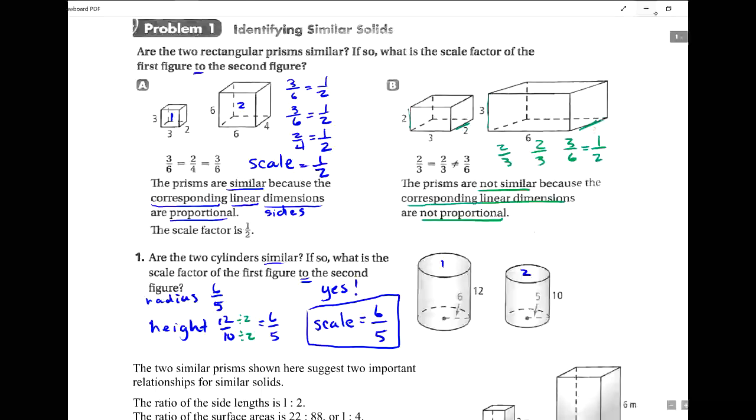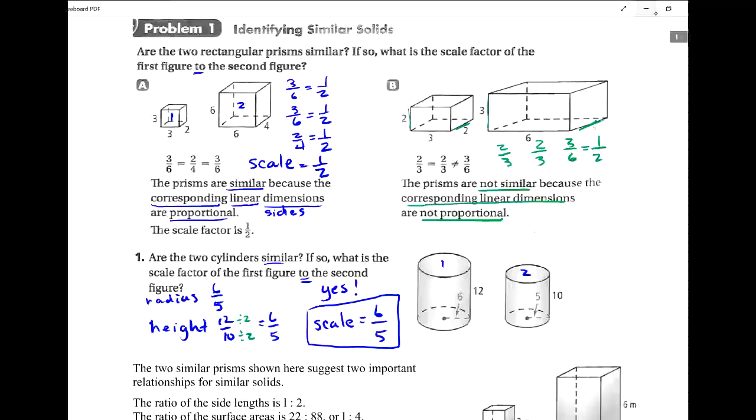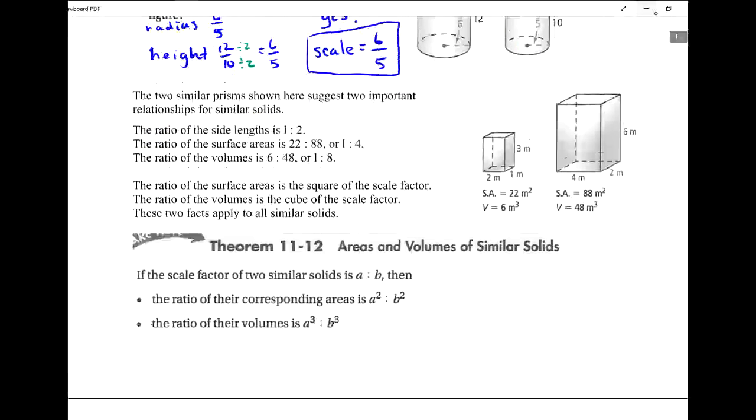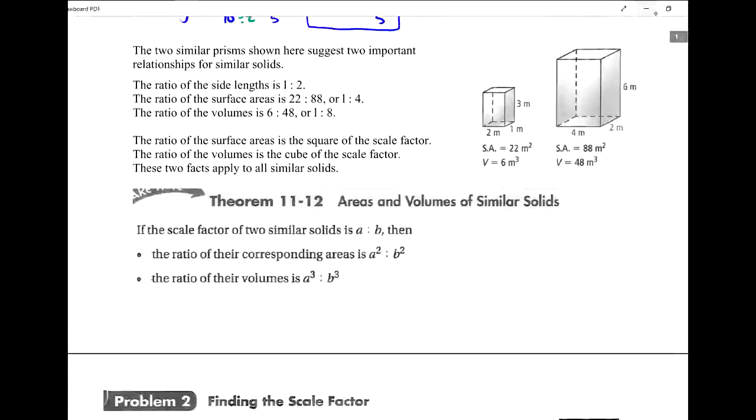So I have a 6:5 ratio, and then I'm also going to compare their heights, and I have a 12:10 ratio, which reduces to a nice 6:5 ratio. So yes, they are similar, and our scale factor is 6:5 for figure 1 to figure 2. So just a good review there of what we've done before.